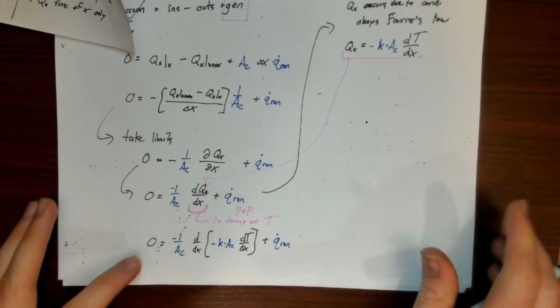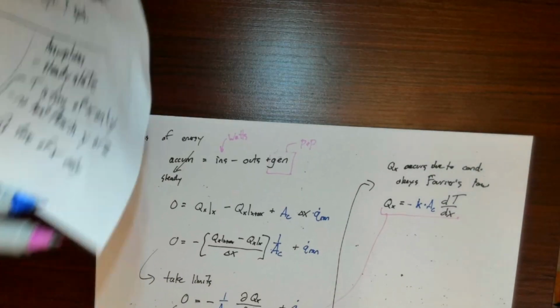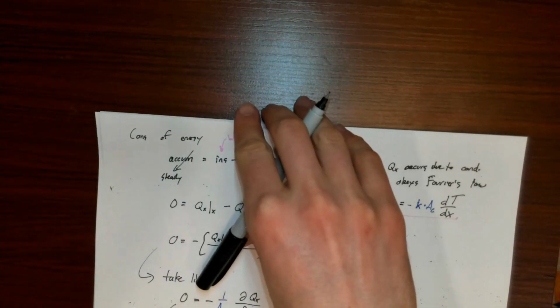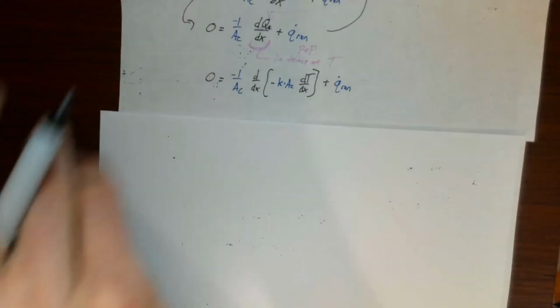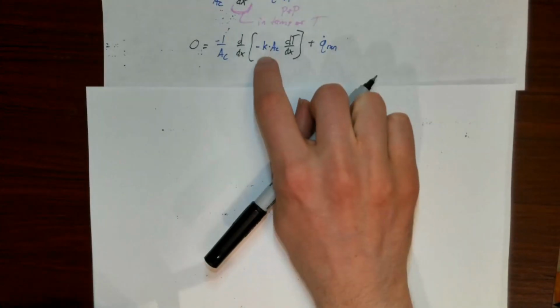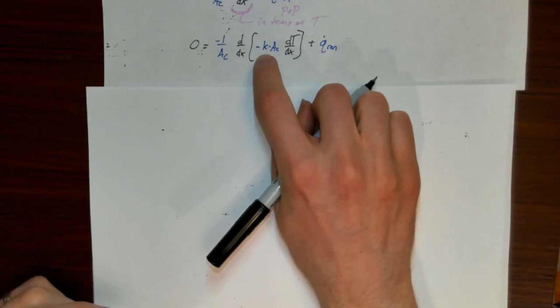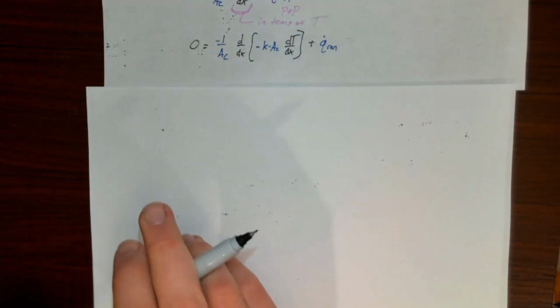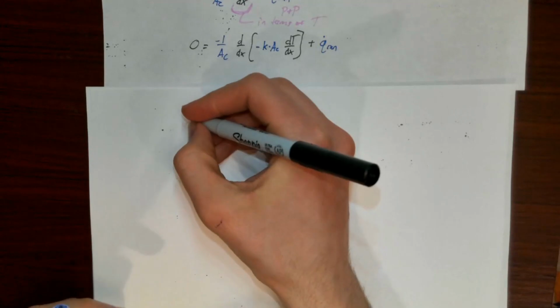Let's see if we can make some progress on this differential equation right here. So here I have my differential equation. Well, I notice k and AC are constants with respect to x, so they can be pulled out of this derivative right here. So what am I left with?